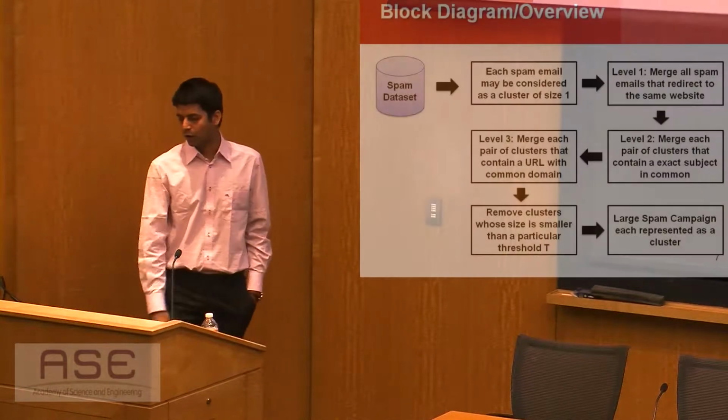We process it and find the exact domain instead of the subdomain. So in the third level, we process them based on their domains. And finally, we might have some outliers in our clusters, so we apply different threshold values, for example 50, 100, 200, to remove our outliers.